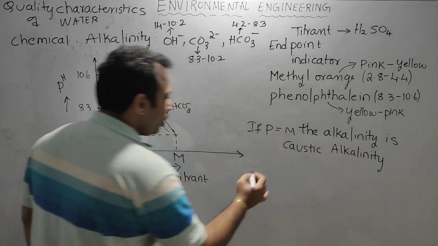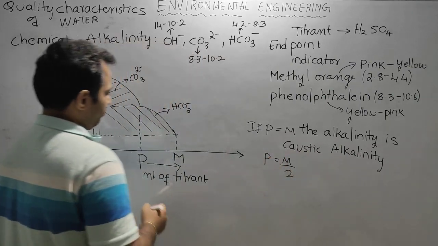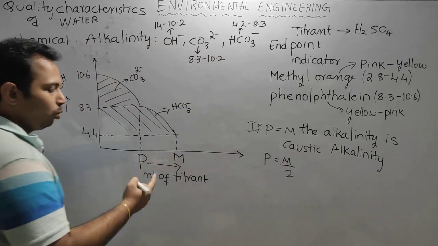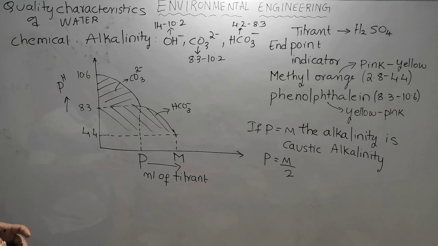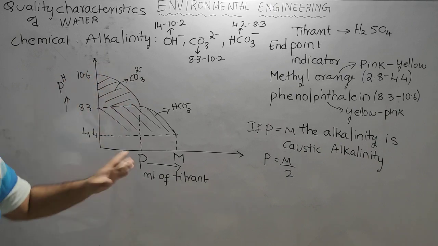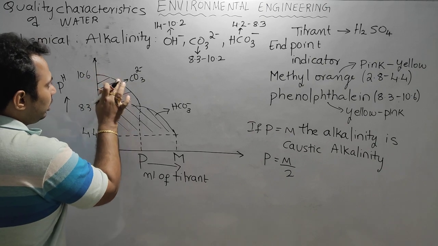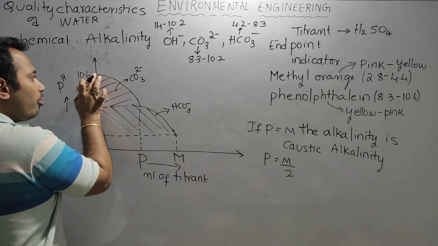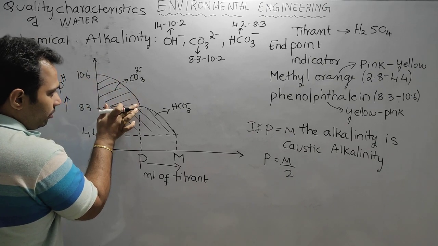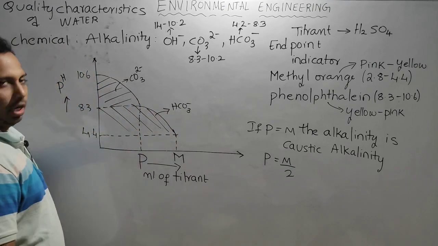If P is equal to M by 2: I told you CO3 2- gets neutralized only half, so the amount of acid needed here is the same as the amount needed in the second stage.